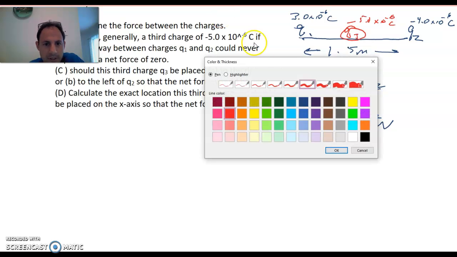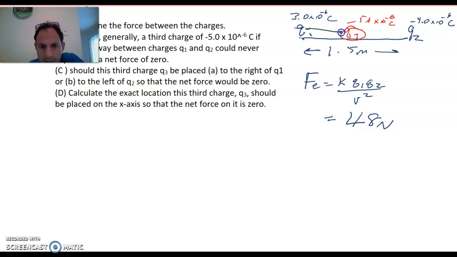Let's say we define the distance between Q1 and Q3 as D, right?